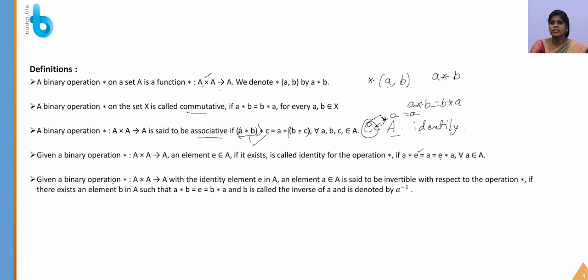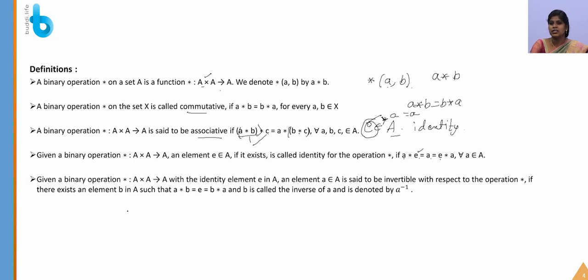Then, given a binary operation star from A cross A to A with the identity element e in A, an element a belonging to A is said to be invertible with respect to the operation star if there exists an element b in A such that a star b equals e and b star a equals e.